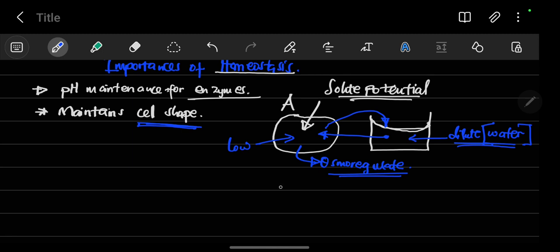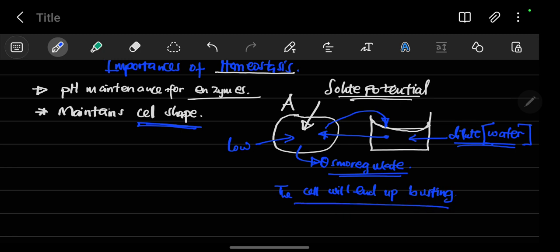So if there is no homeostasis, the cell will end up bursting.